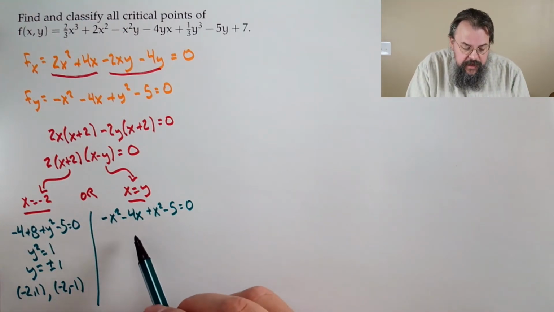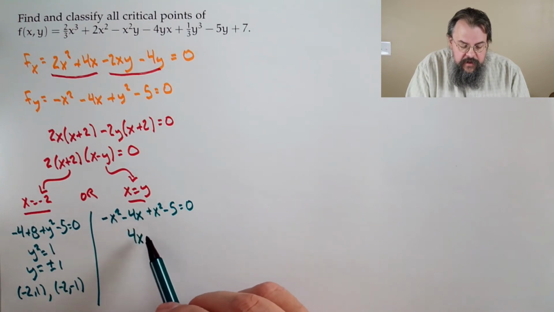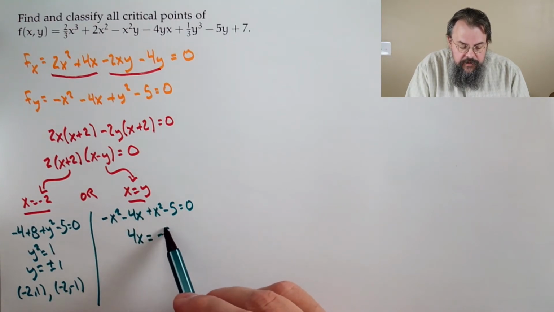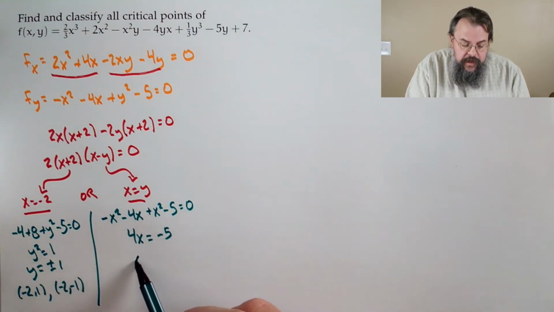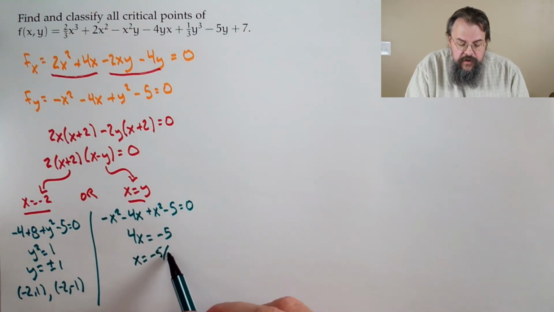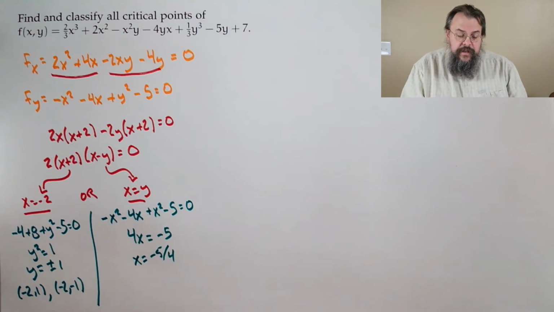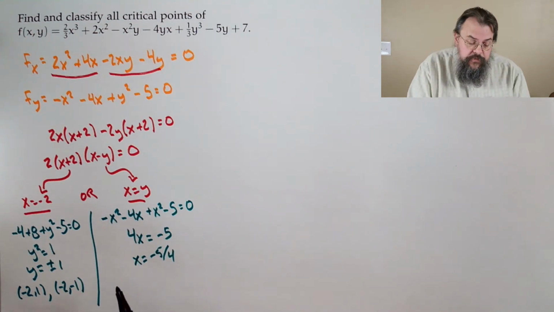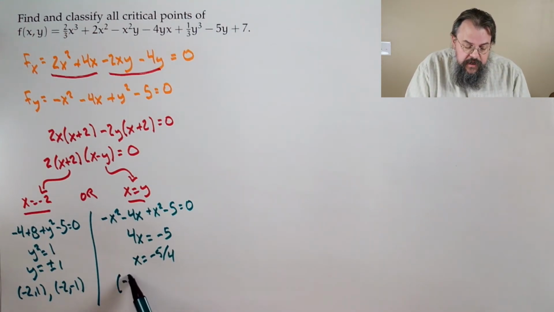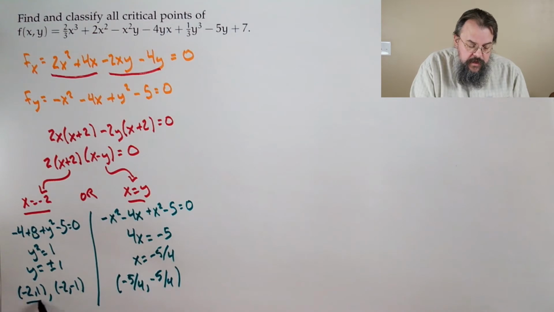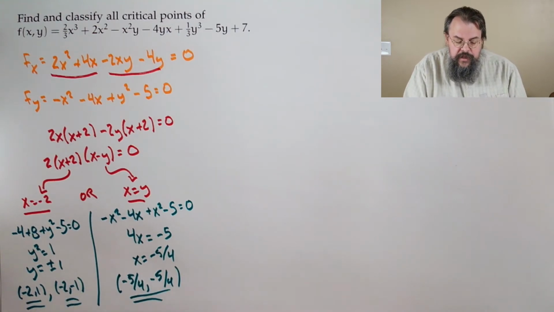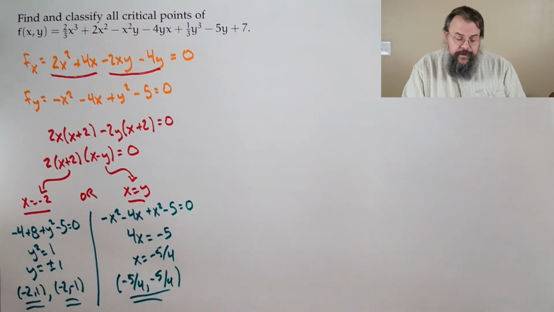That's the same as 4x equal to -5, because I can move the 4x across, or x equals -5/4. Now, we know x equals y, so that leads us to the point (-5/4, -5/4). And there we go. We've got 1, 2, 3 critical points. 3 critical points.